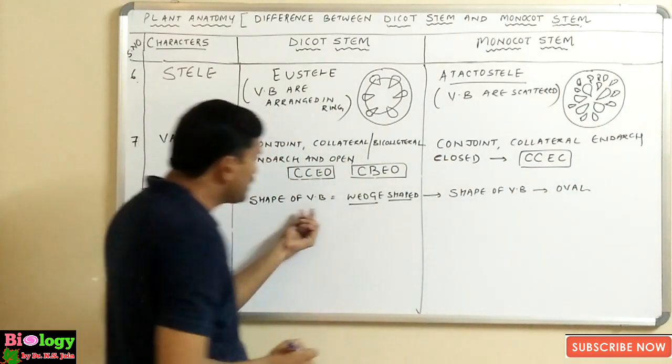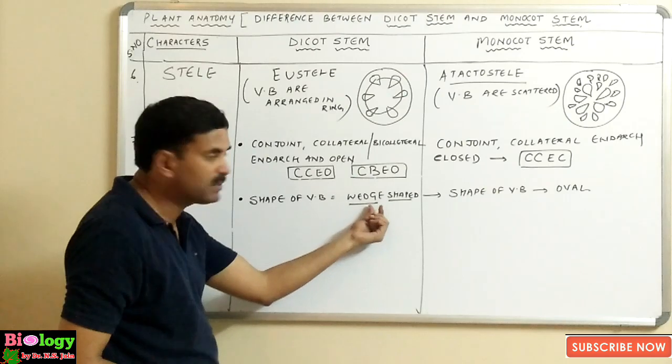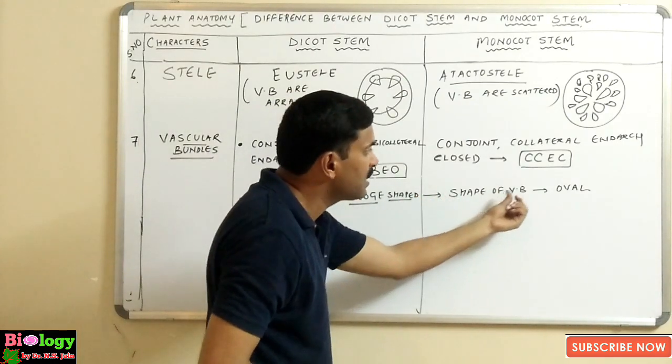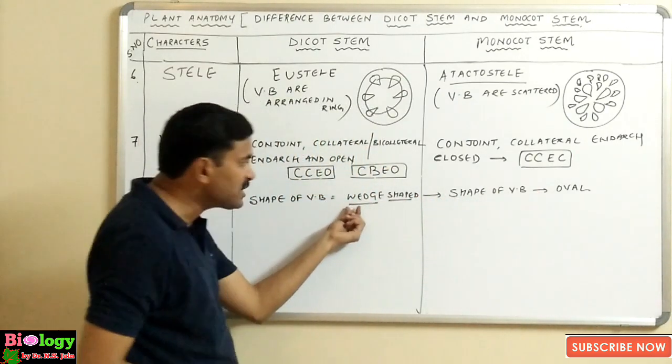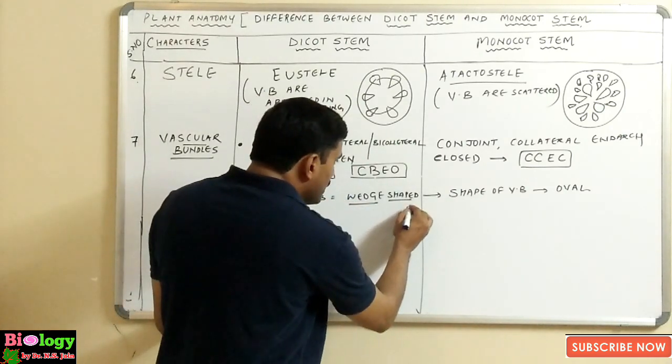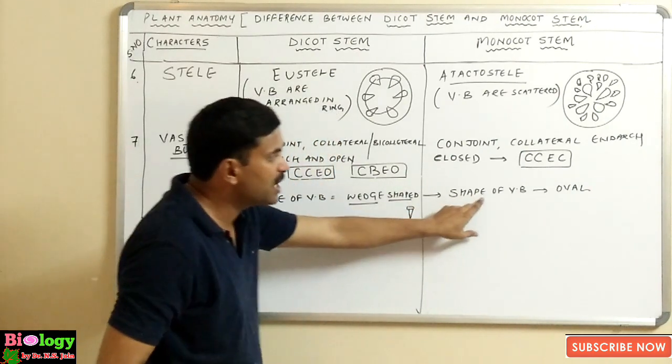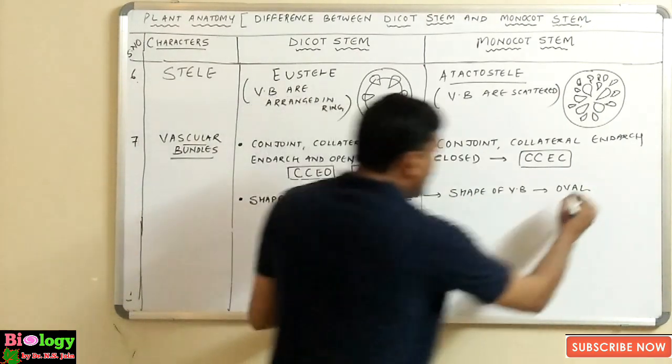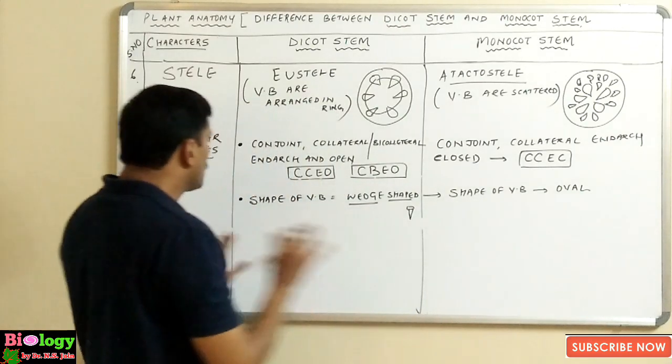This is the difference. What is wedge shaped? Wedge shaped is just like a nail, like this type. While here the shape of the vascular bundle is oval.